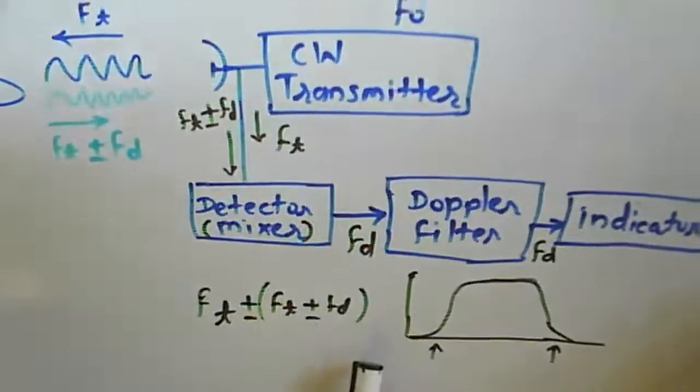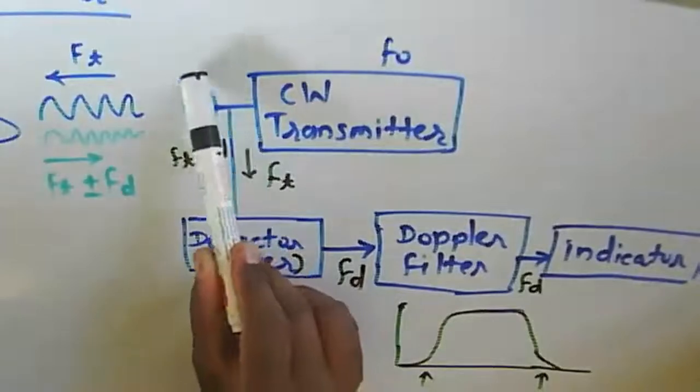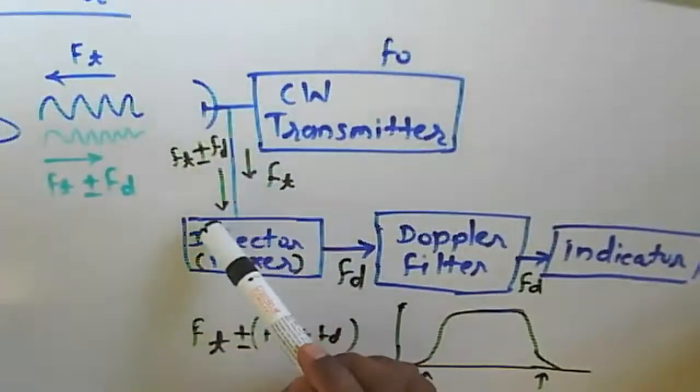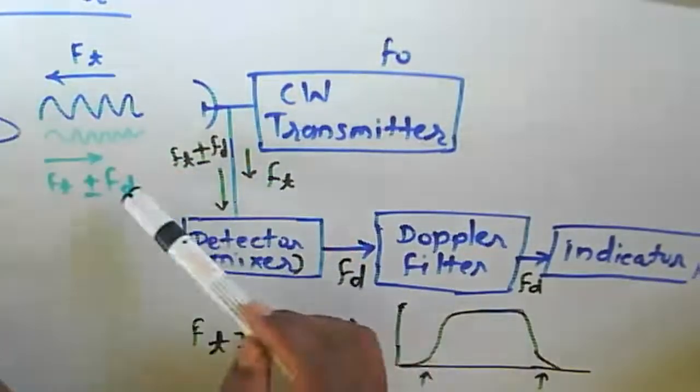Now, in a CW radar we have a transmitter and a receiver. This is a portion of the receiver, half of the portion.